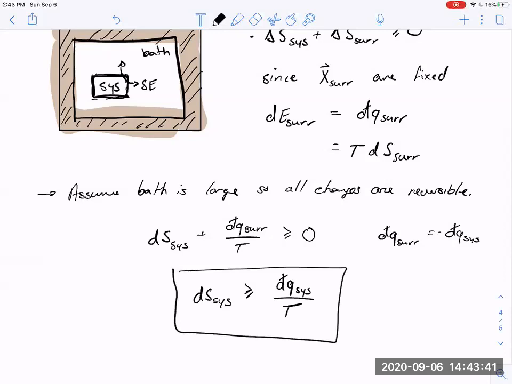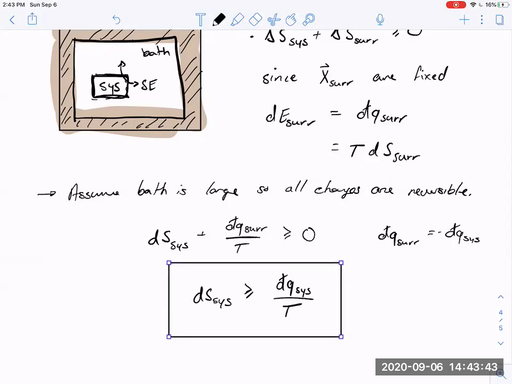So this is a statement then of the second law. The likelihood of a spontaneous change in an open system, a system that can exchange energy with its surroundings.